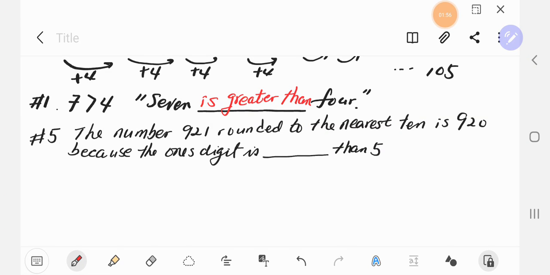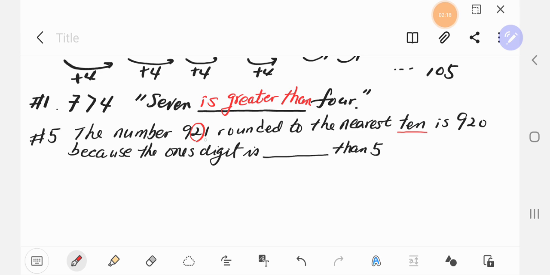Okay, number 5. The number 921 rounded to the nearest 10. Nearest 10 means this is the tens digit. So when you round this to the nearest 10, it will become 920. Why is it 920?